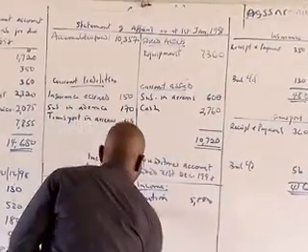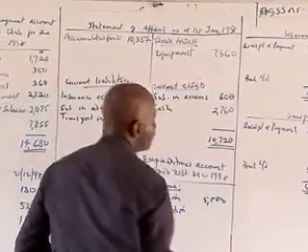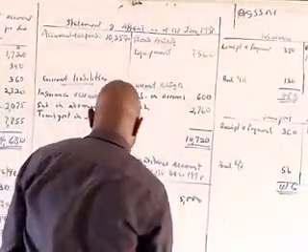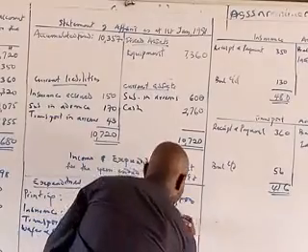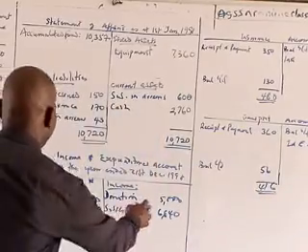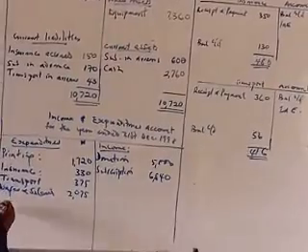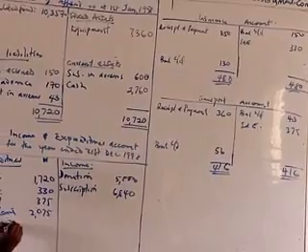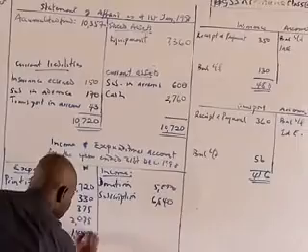Then we have our subscription. Use the same method by preparing your subscription account, and what you will arrive at is 6,840. Then we have depreciation on equipment, given as 1,440.